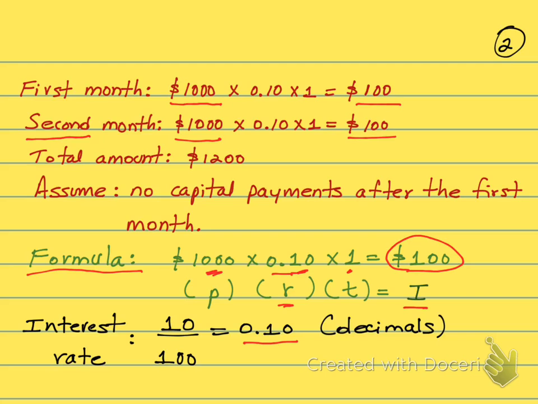For instance, 10 over 100 is equal to 0.10. So this is the formula for simple interest, and it's an easy formula, and sometimes you only have to use your logic to understand what the problem is asking you to do.